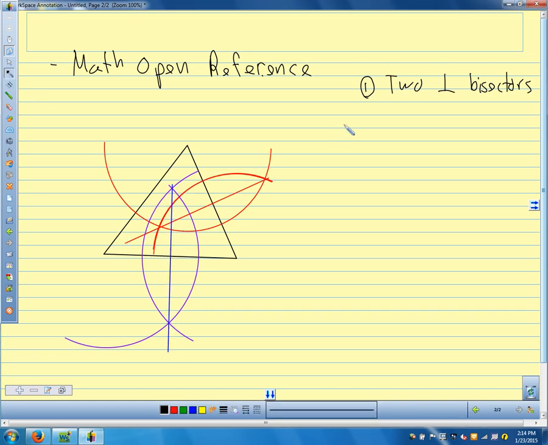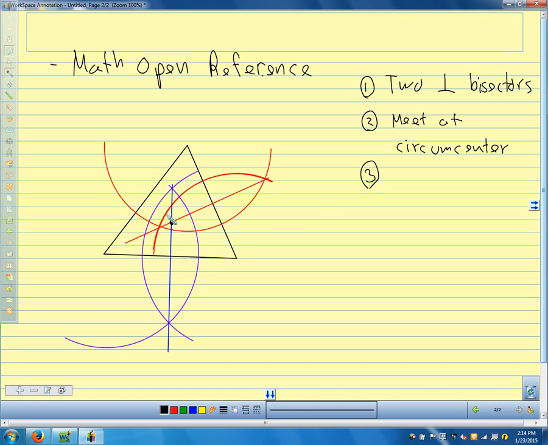Where those two lines meet, they meet at the circumcenter. So where those two lines cross, there's my circumcenter.